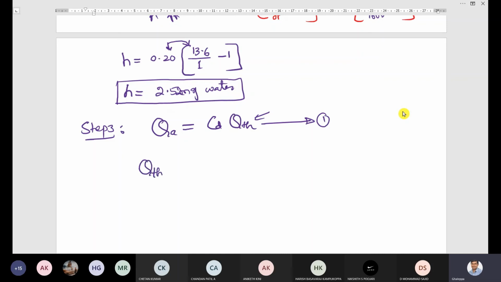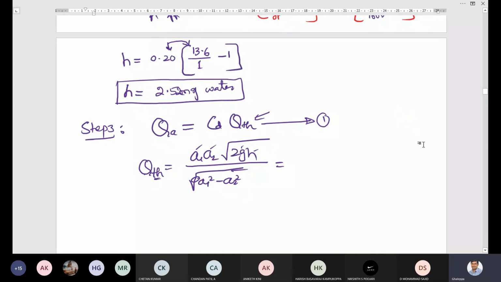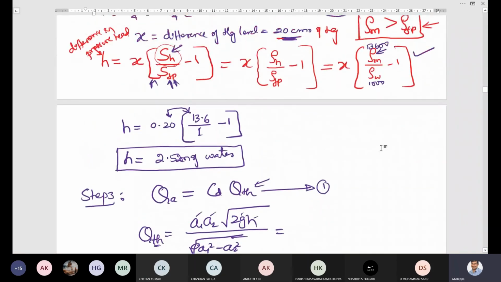QTH, the theoretical discharge, is equal to A1 A2 square root of 2GH divided by square root of A1 square minus A2 square. Check whether all the parameters of this equation are known or not. Yes, A1 is calculated, A2 is also calculated, G is a known value, H is also calculated. So substitute all the values and we will calculate the theoretical discharge.